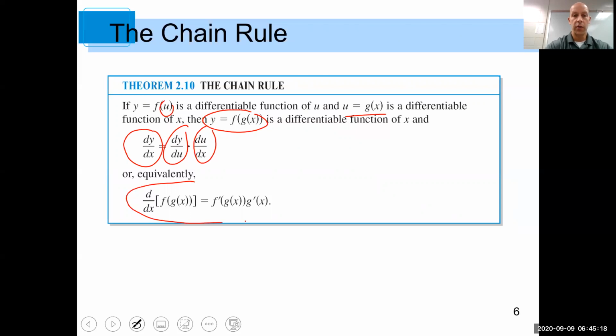Equivalently, you'll also see it written like this. Notice that on this second derivative formula, for f of g of x, when you do the derivative, you do the derivative of the outer function, leaving the inner function alone, times the derivative of the inner function.